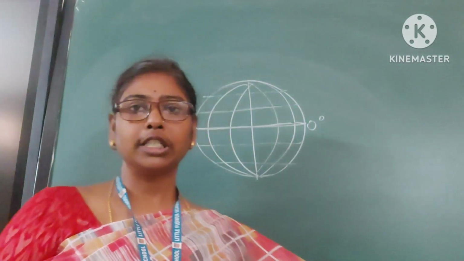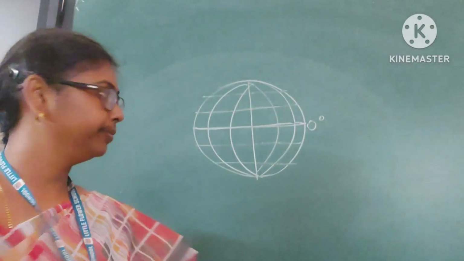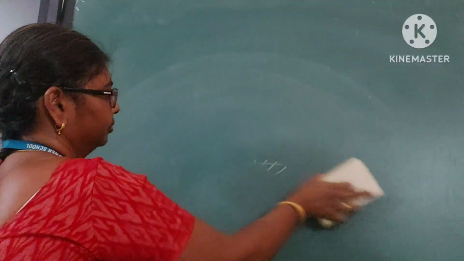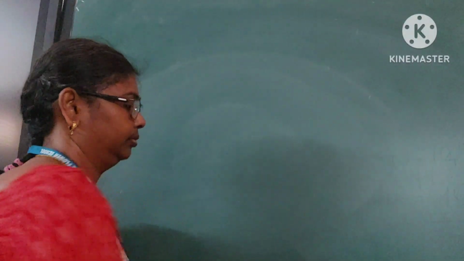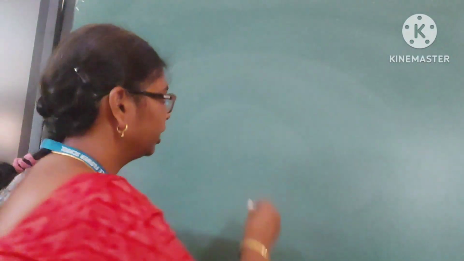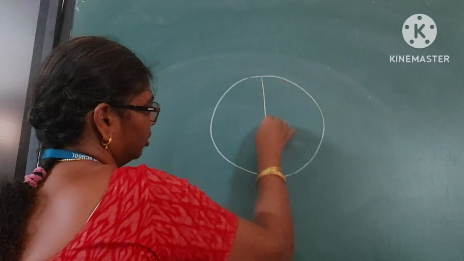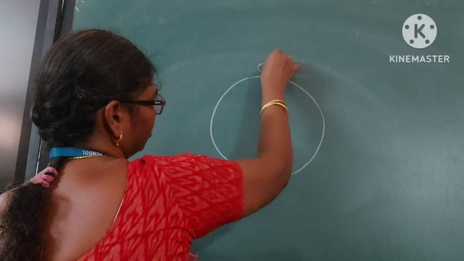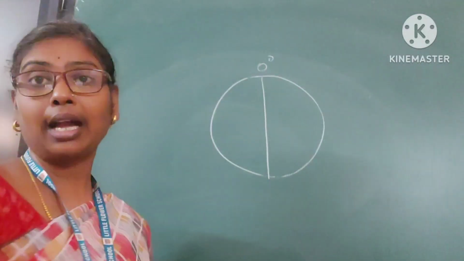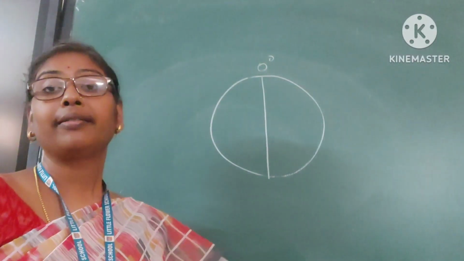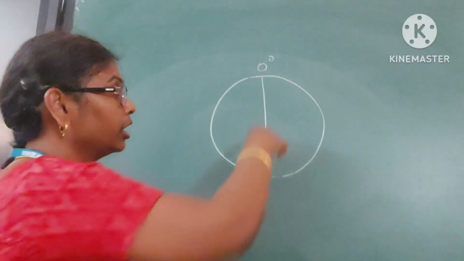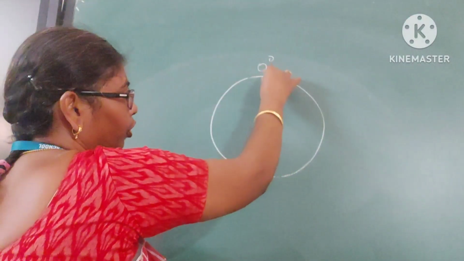Next we come to the concept of longitudes. Longitudes are semicircles which are drawn from the North Pole to the South Pole.